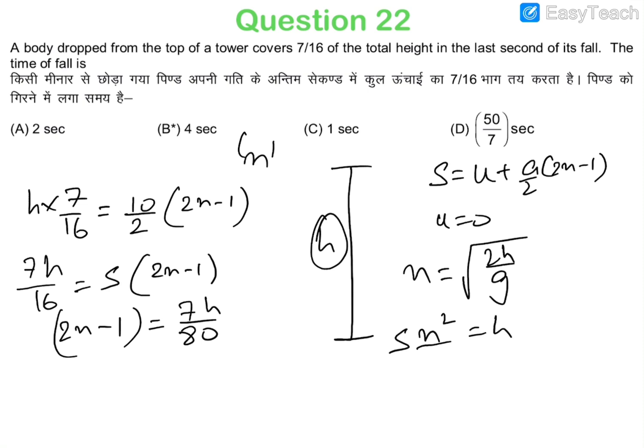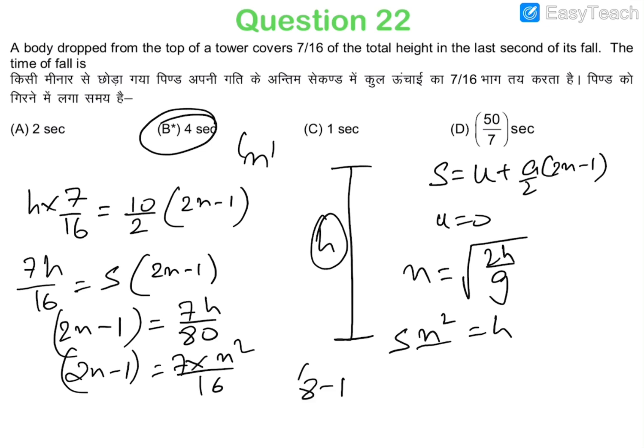So 2n minus 1 is equal to 7 into n square by 16, and you can solve the quadratic equation for n, and I am just substituting the value of n here, which is the correct answer. So 2 into 4 is 8 minus 1 is equal to 7 into 16 by 16. So this is satisfied, so the correct answer is B.